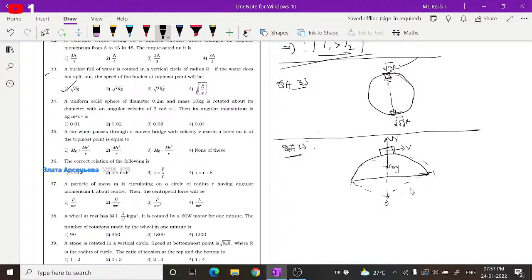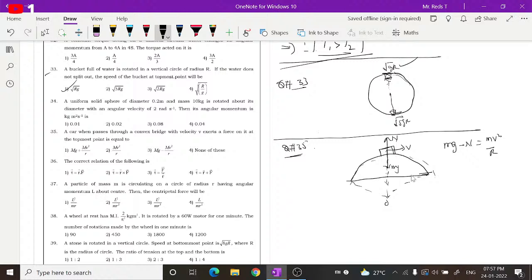We have discussed these concave and convex bridges. So the net force will be mg minus N, because the centripetal force will be towards the center. The force acting along this towards the center will be the net one, and mg is the dominating one. So mg minus N equals mv square by r, the centripetal force. Here we are asked how much force it exerts on the bridge.